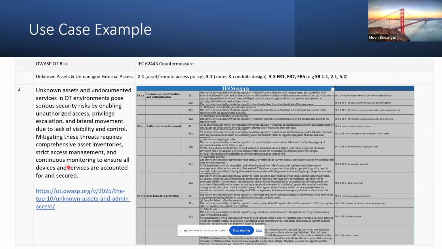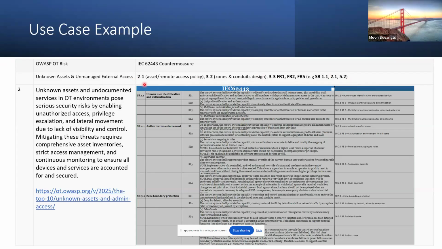There is a lack of asset inventory and remote access, which is a high impact threat to the manufacturing industry, or the industrial world, right? That is explained, and I have also provided a link which details this particular risk, and how we can mitigate it using 62443.